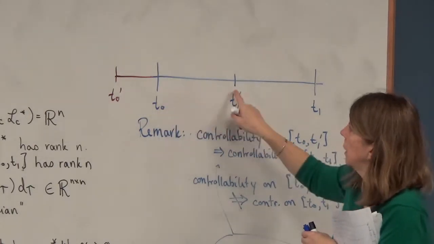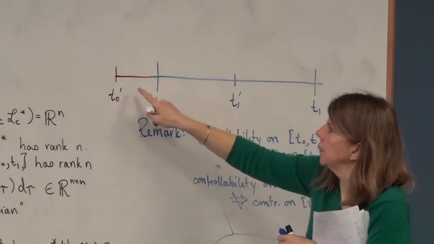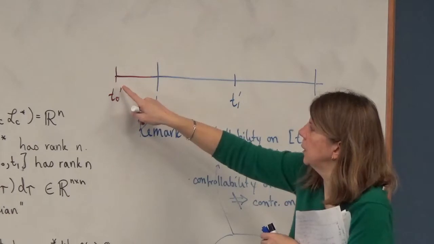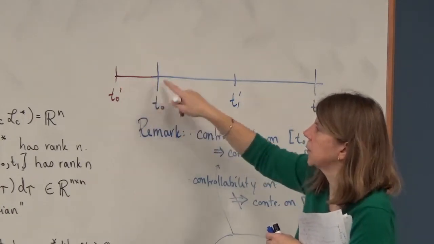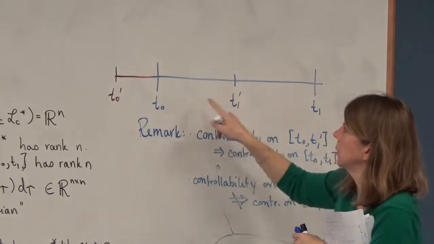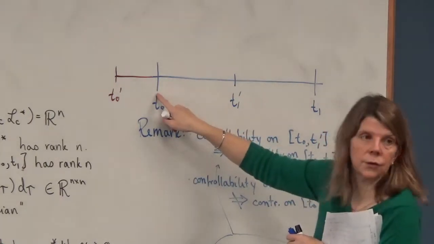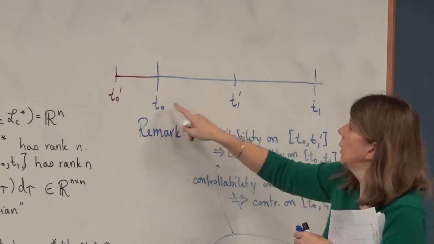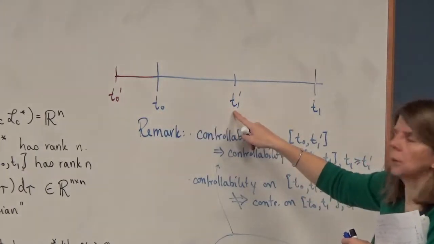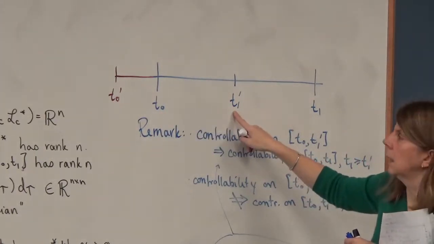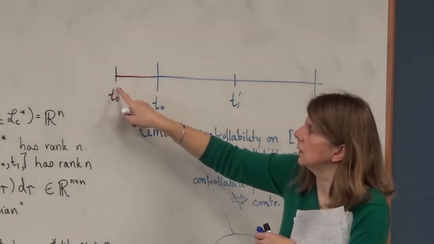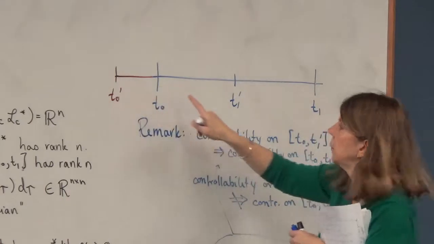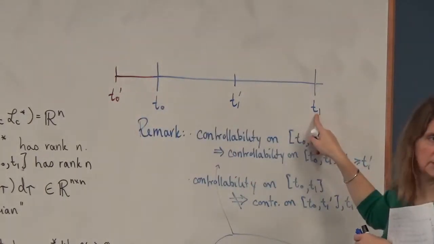If it's controllable on that time interval, it means that you can go from any initial state at time t0 to any final state at t1 prime. Now, I want to go from any initial state at t0 prime to any final state at time t1.